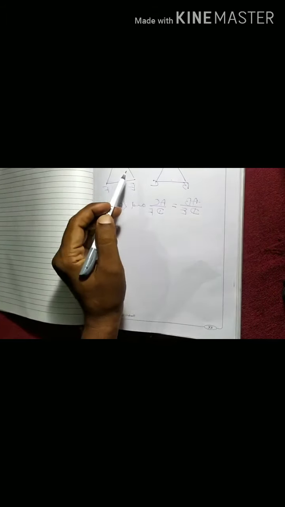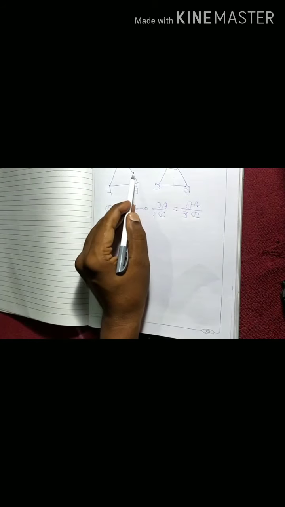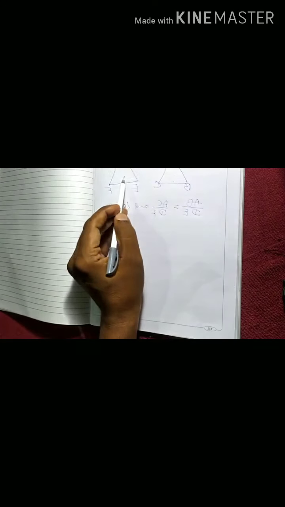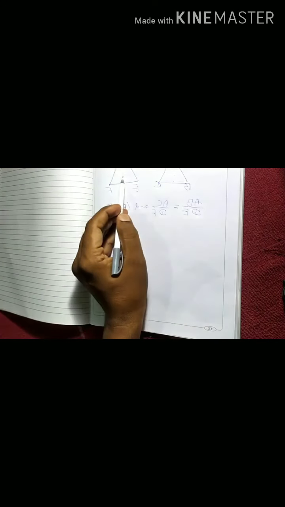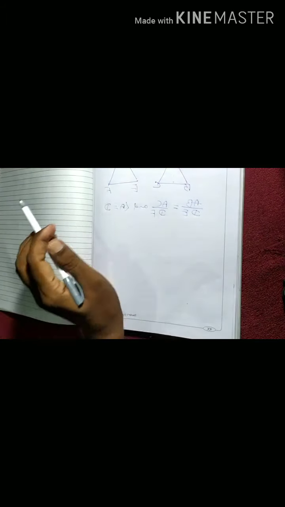In other words, two triangles are similar when any two corresponding sides are in equal ratio and the included angles are equal to each other. And this property of similarity is known as SAS similarity.